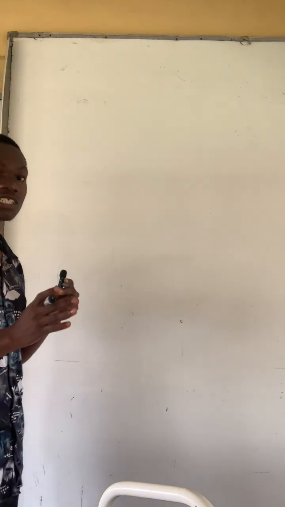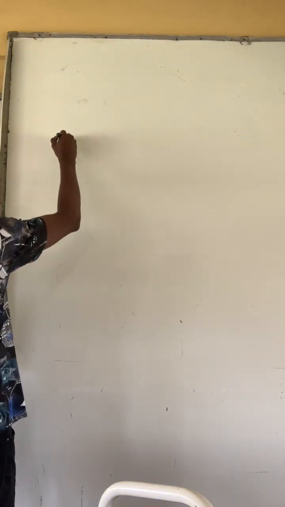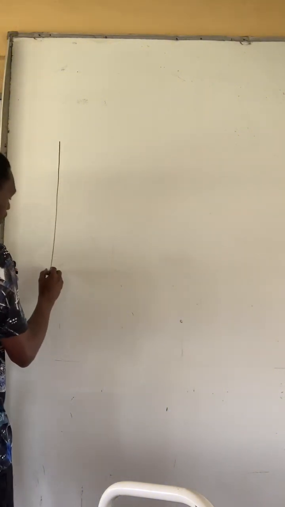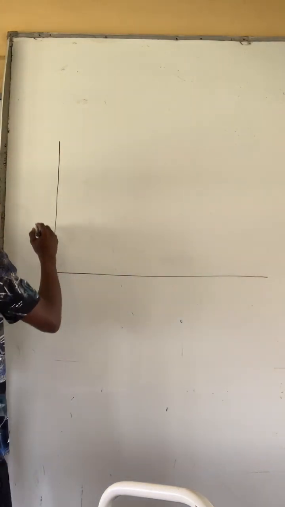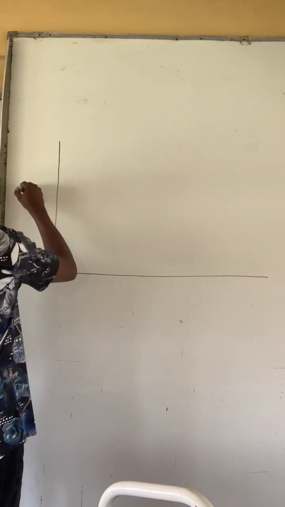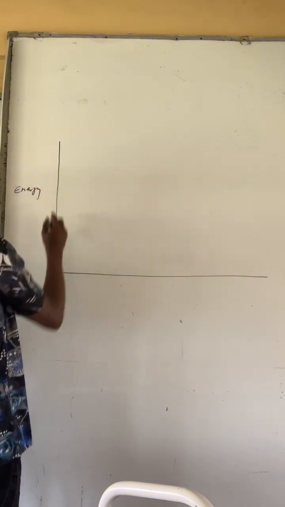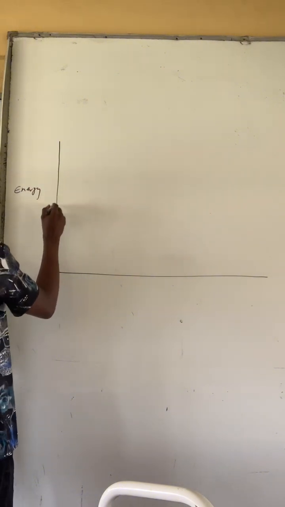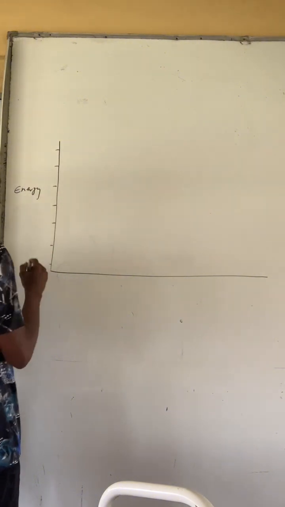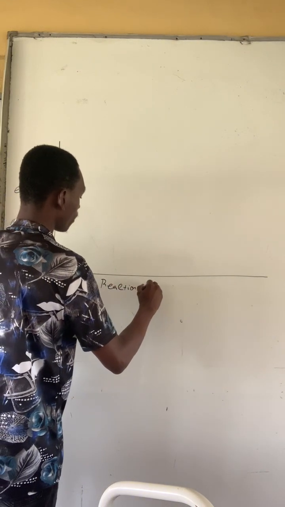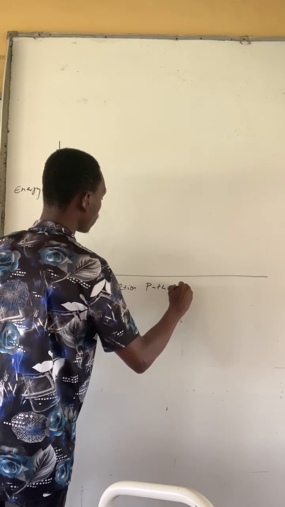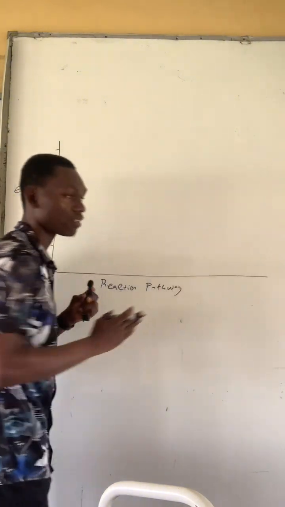First of all, an energy profile diagram has two axes, here and here. This axis is the energy part. The energy can be any level, and this other axis is the reaction pathway, the flow of the reaction.